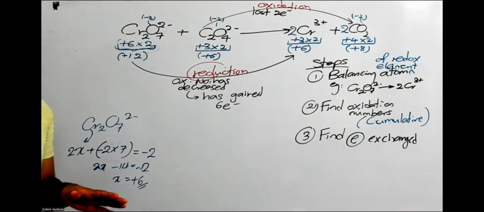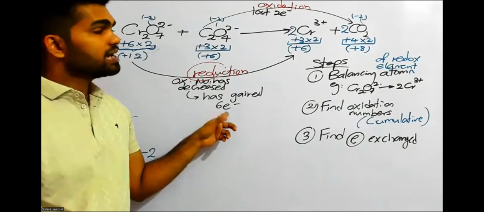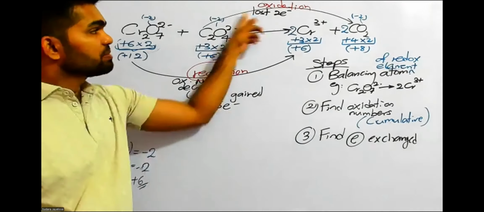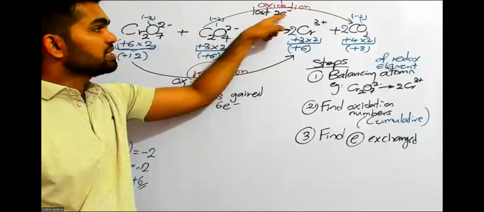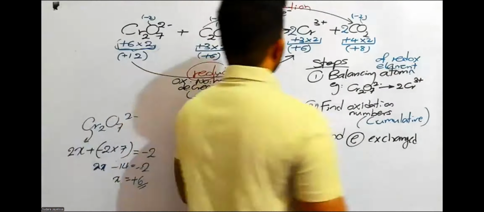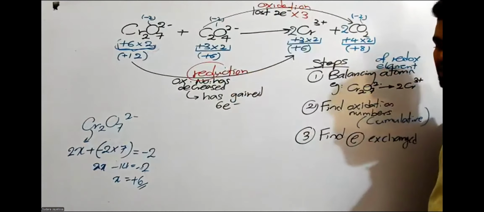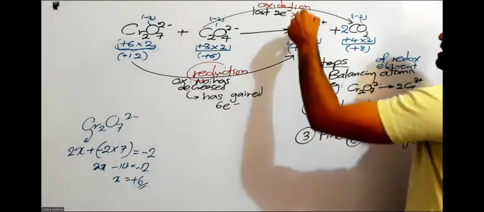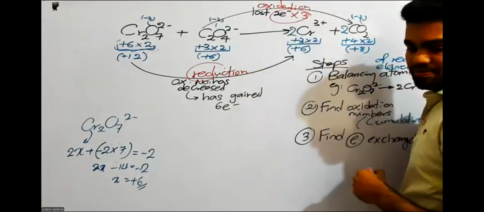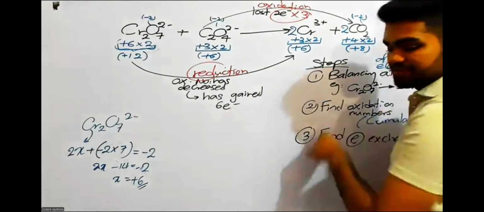So in order to give 6 electrons, this must happen thrice. So for balancing electrons, you need to multiply this one by 3. Then it will give you 6 electrons, which can be accepted here.